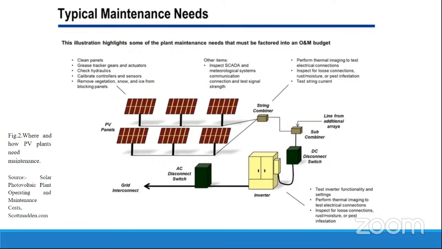So while you are designing, you should also see that the person who is installing the plant, who is designing, the EPC of your solar plant, performs their duty best, because otherwise it can lead to increased cost of operation and maintenance. We can consider a solar plant analogous to any business entity.